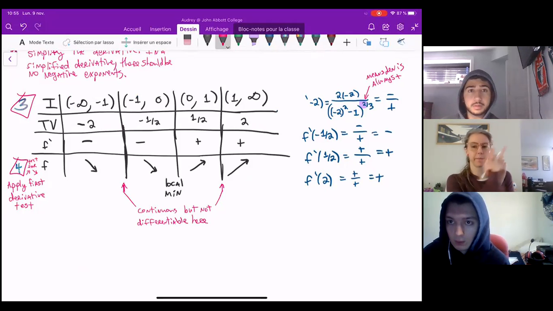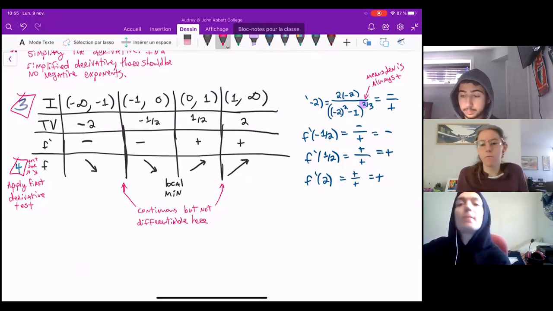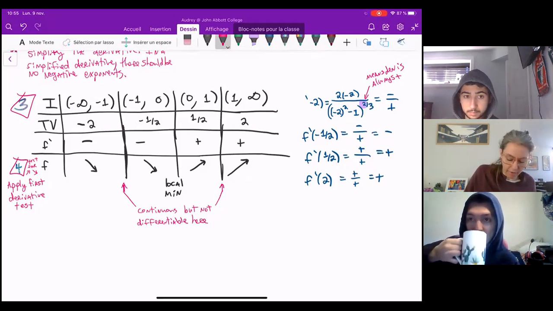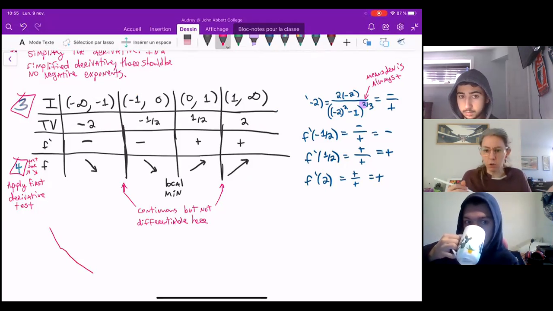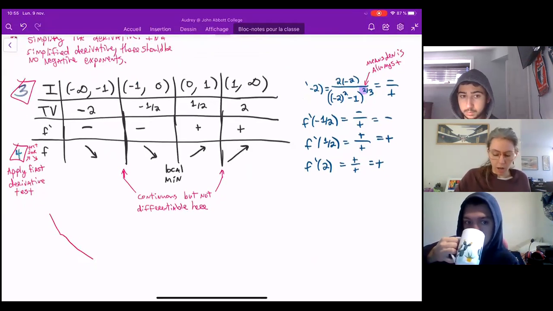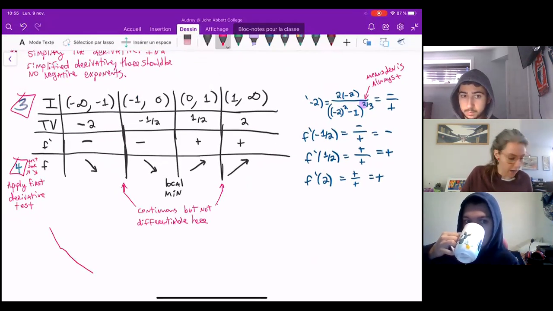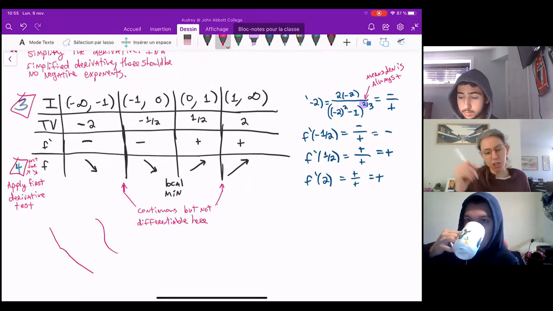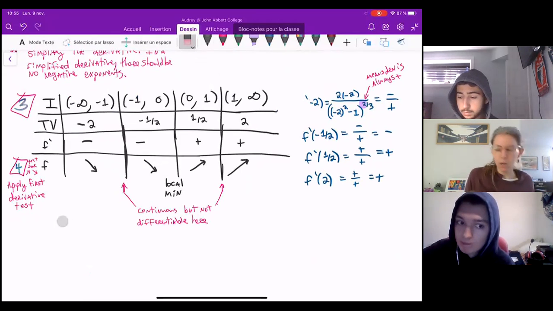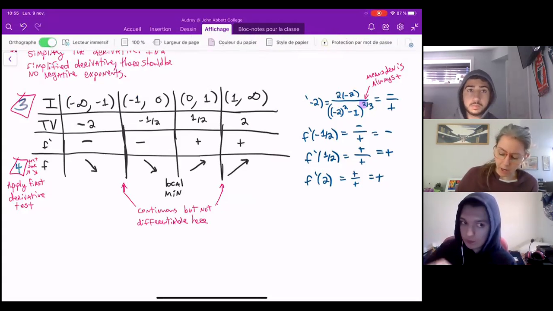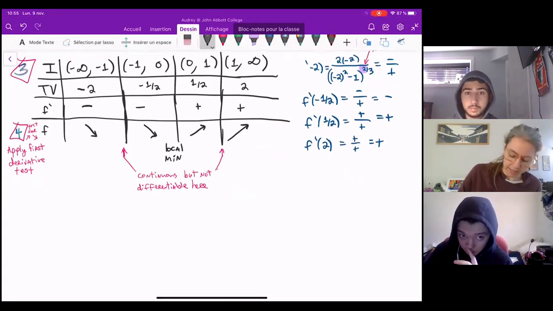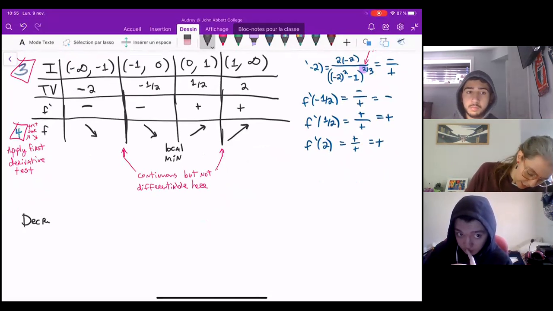A vertical tangent line. You guys got it. So this is not enough information to tell me which, because I could have a cusp or a corner that looks something like that, where it's decreasing and then decreasing. But it could also be a vertical tangent line where it does something like that. It turns out it's a vertical tangent line, but you guys don't need to be able to tell that from this right now.